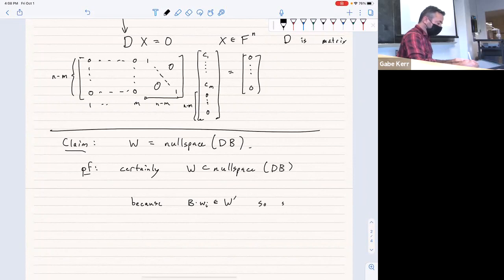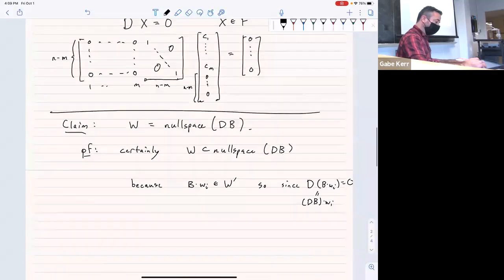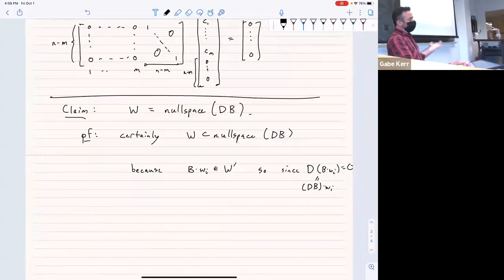So D of anything in W prime equals 0, we're good, just using associativity. Any of the Wi's in our basis for W is in the null space. But then you can do the converse just using the invertibility of B.